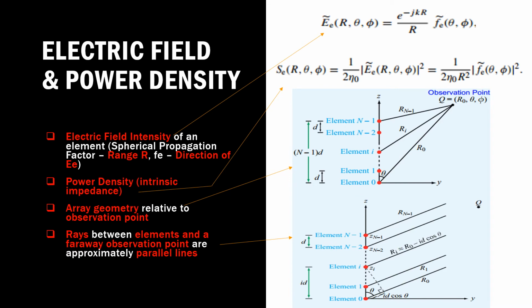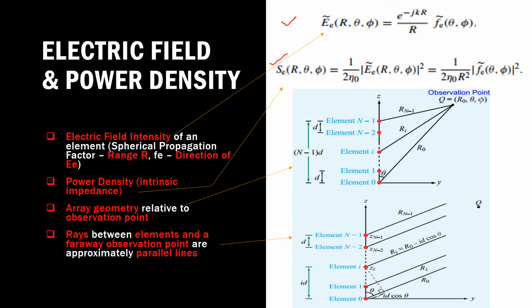Now we have to deal with the electric field and power density of an antenna array, and these two are the most important parameters of all time. The equations for these two parameters are given by these two equations.